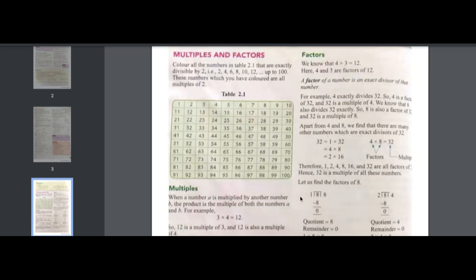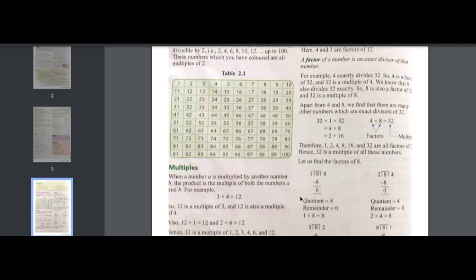Your textbook says that if the product of two numbers is exactly the multiple of both of them, here is an example, 3 into 4. So 12 is present in the table of 3, and 12 is also present in the table of 4. So it says that 12 is the exact multiple of 3 and 4.